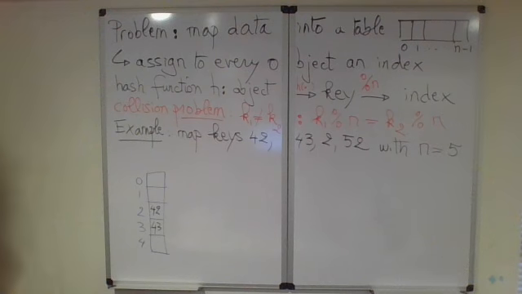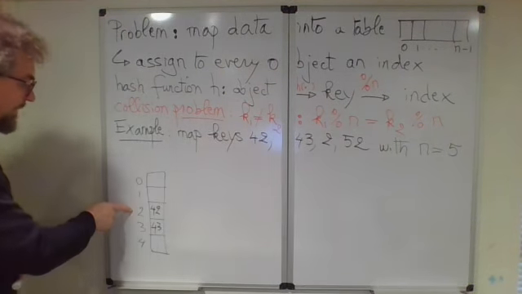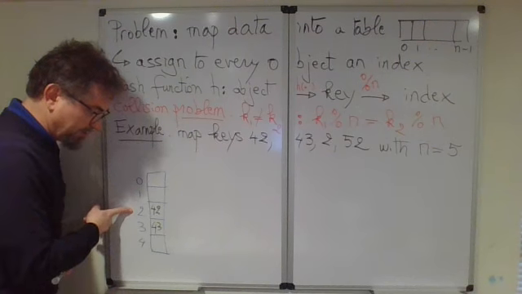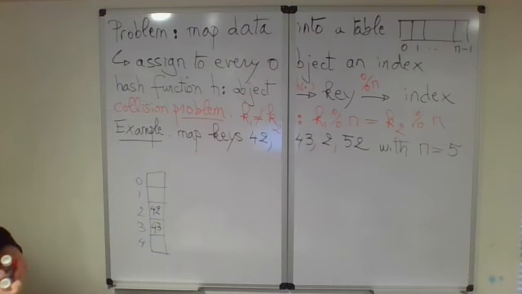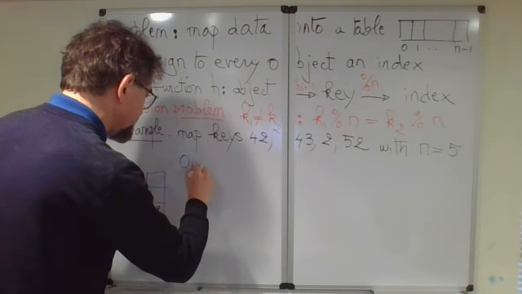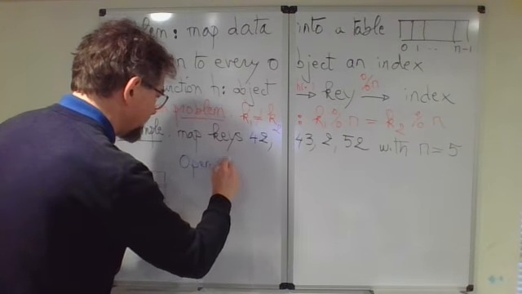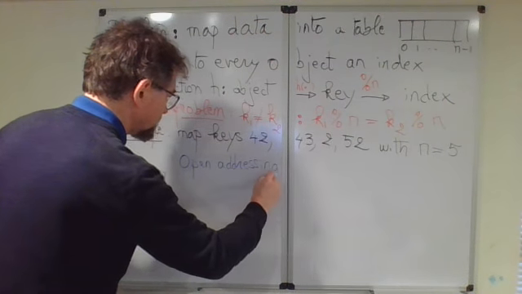No problem here. Now the first problem arises with the number 2, which actually we would like to place at the same spot as 42. Now we have a collision. So one way to resolve this is to apply open addressing.